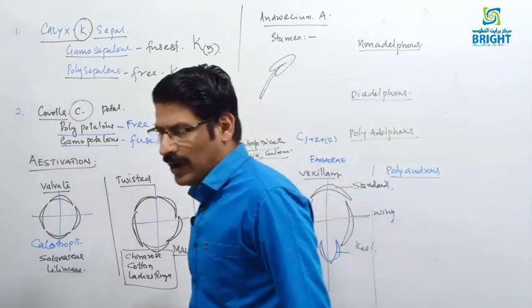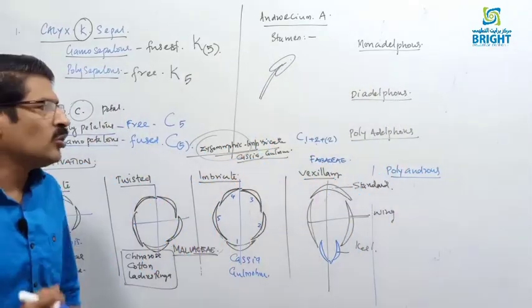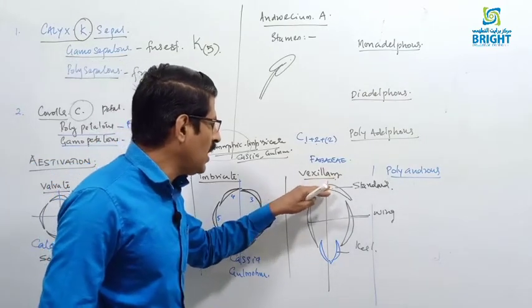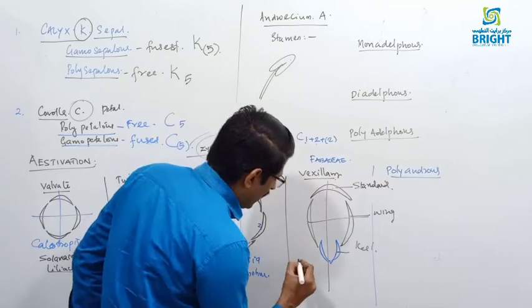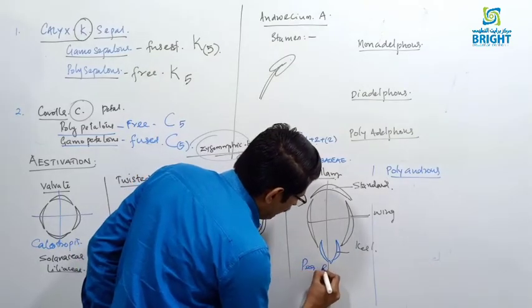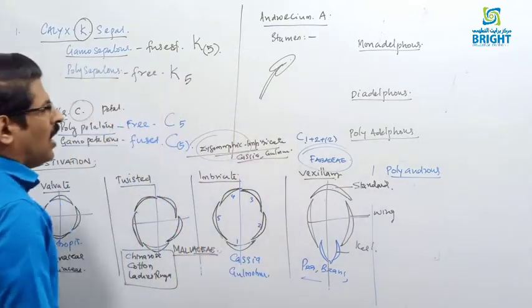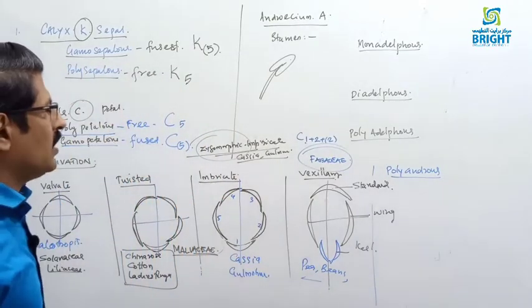The flower can be divided into two equal halves only through one particular vertical radial plane. Examples are pea and beans, and all the examples of the Fabaceae show vexillary estivation.